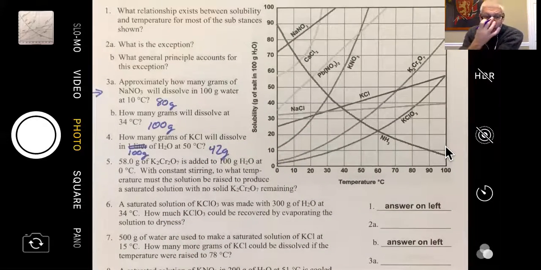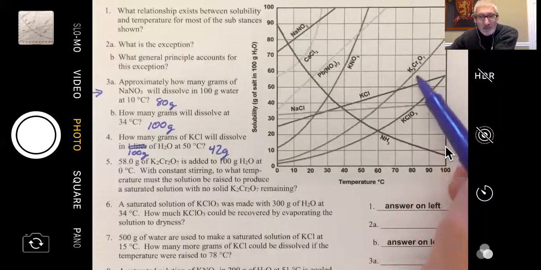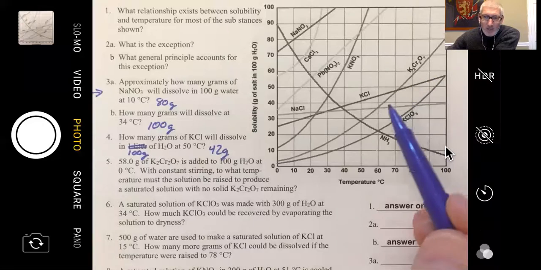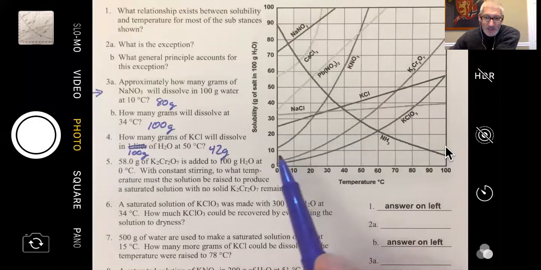Okay. Now, we start getting a little bit of a harder question here, and this gets at the assignment that I posted. So let's look at this, and then we're going to be wrapped up. I've got 58 grams of K2Cr2O7. So I find my K2Cr2O7 curve. I've got 58 grams that's added to 100 grams of water. Now I'm all the way down here at 0 degrees Celsius.